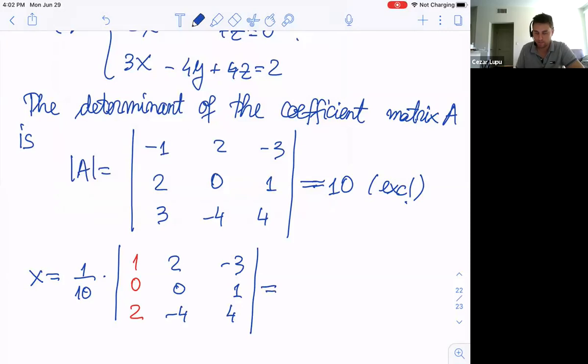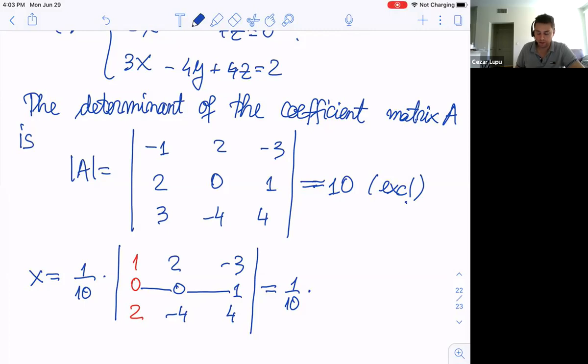We can expand over the second row here. I have 2 zeros, which is very convenient, so I don't need to care about the first 2 minors or cofactors. They're just going to be gone.